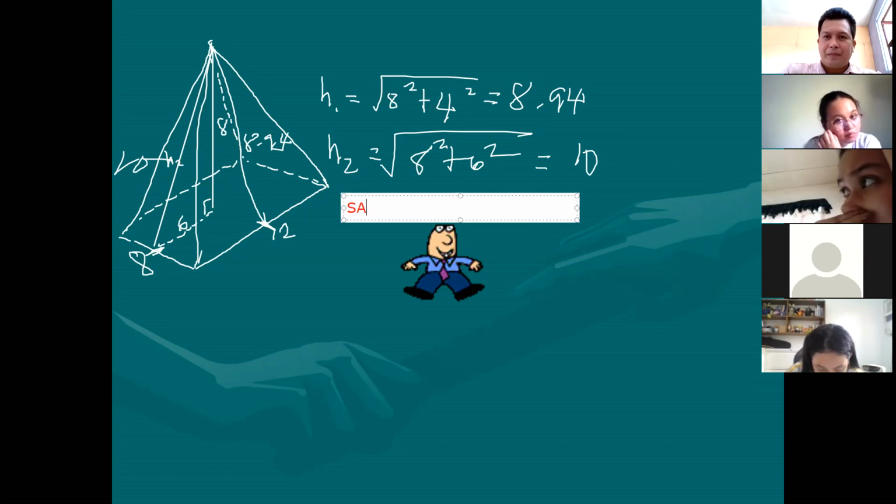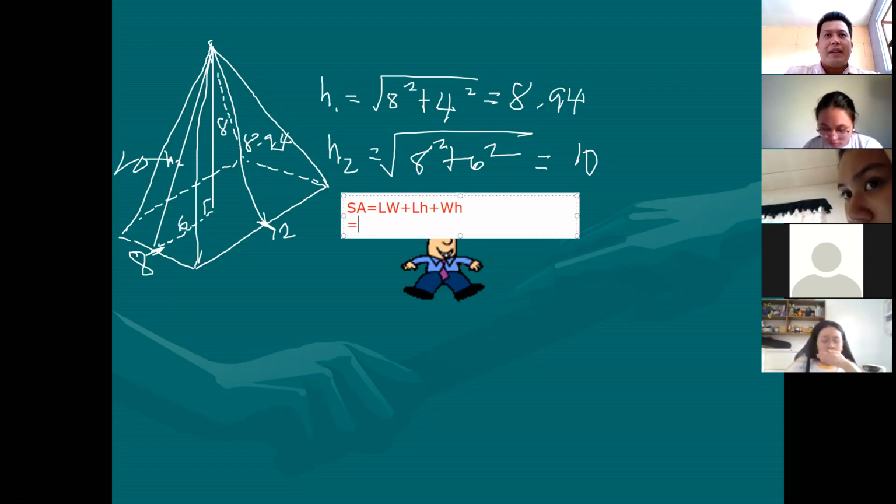Surface area is equal to LW plus LH sub 1 plus WH sub 2. So we have here length times width. So we have 8 times 12 plus 12 times the height of that triangle, which is 8.94, plus 8 as the base, the one here on the left side, times the height of that triangle, which is 10.